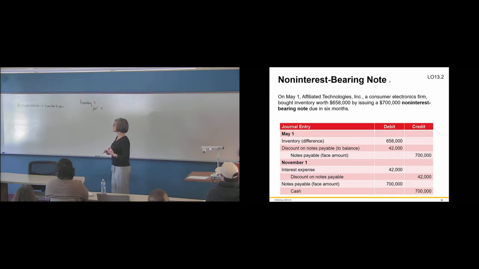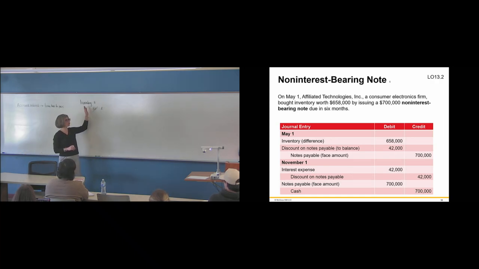So it says on May 1st, Affiliated Technologies bought inventory worth $658,000 by issuing a $700,000 non-interest bearing note due in 6 months. So the inventory cost them $658,000, debit inventory for $658,000. They got to pay back $700,000. So, in our original, when we learned about inventory, the debit and credit were the same amount, right?